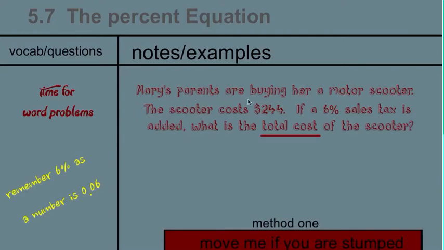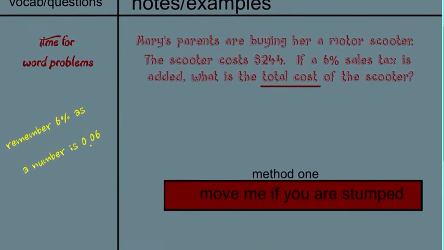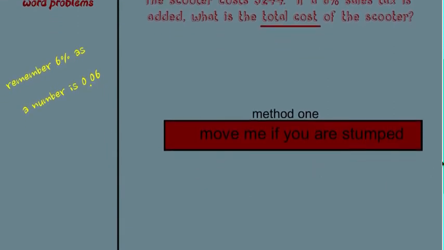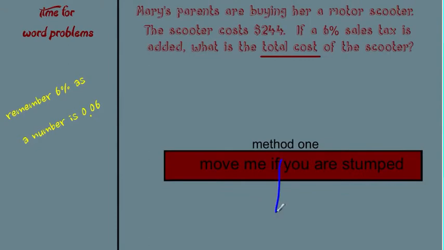Okay, Mary's parents are buying her a motor scooter. The scooter costs $244. If a 6% sales tax is added, what is the total cost? So I'm going to go through this quick, but I want to encourage you to use the pause button. Please use the pause button. There are two methods to solve this.